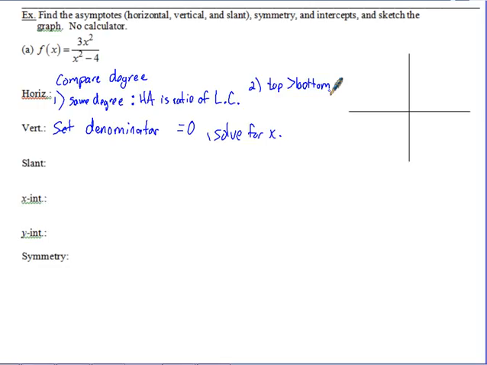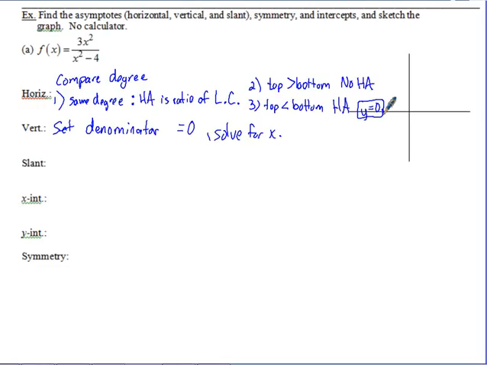If the top is bigger, there is no HA. There is no horizontal asymptote. If the top degree is bigger than the denominator, there is no horizontal asymptote. So then finally, if the top is smaller than the bottom, then the HA automatically is y equals 0.